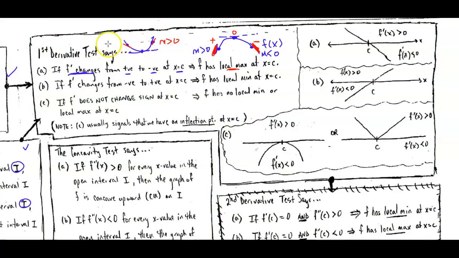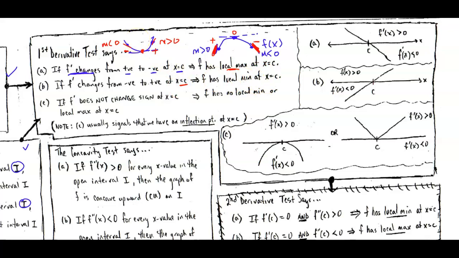So we go from negative to positive here, and my graph goes from decreasing to increasing. And so at this particular point, which corresponds to x equals c, we know that it's going to have a local min because of that.